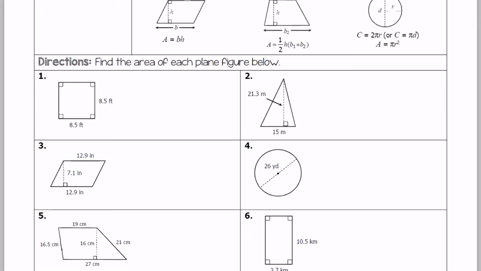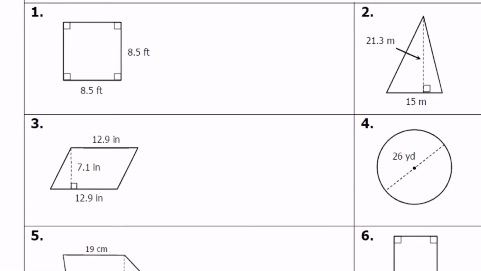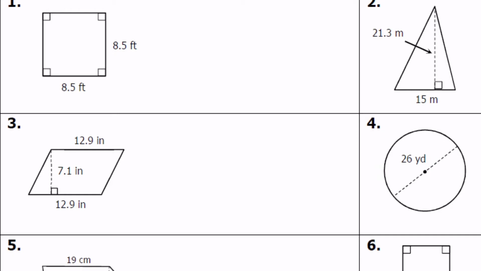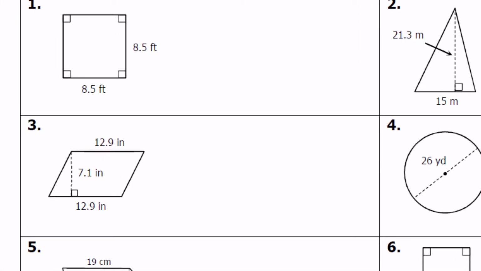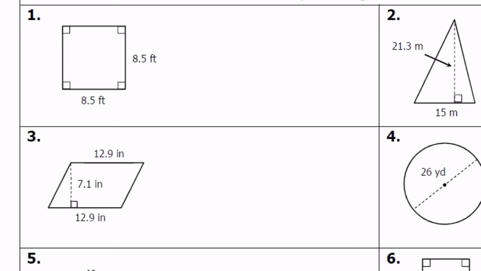So just looking at these shapes, I want you to go through and find the area of each of these plane figures. So the first one is a square. We know that because two sides are congruent, which means these sides are also congruent.